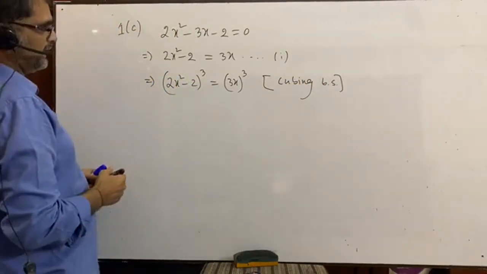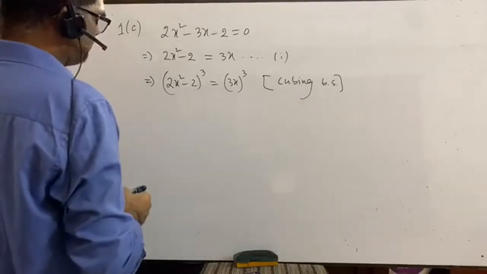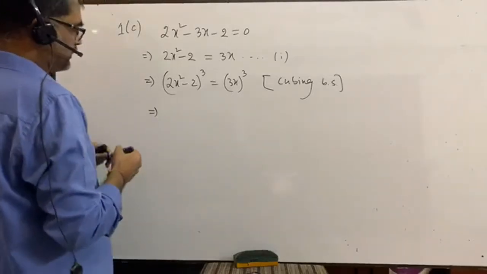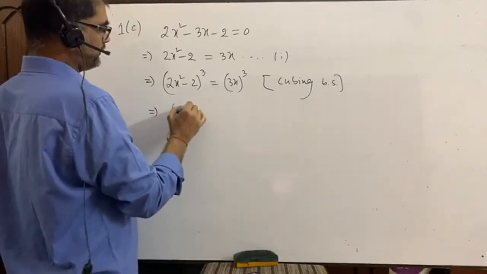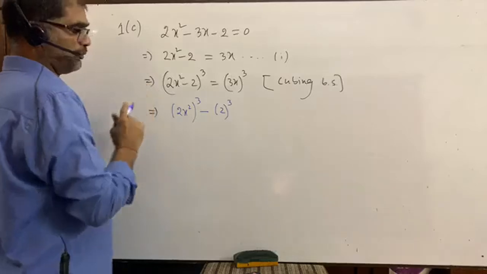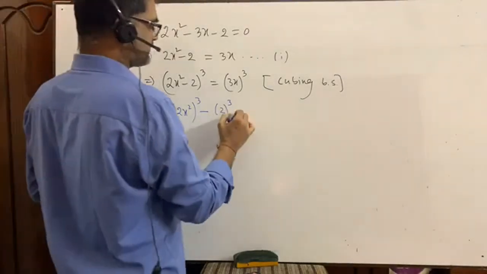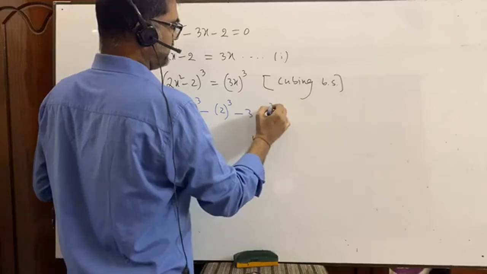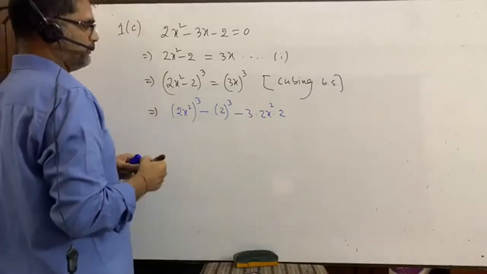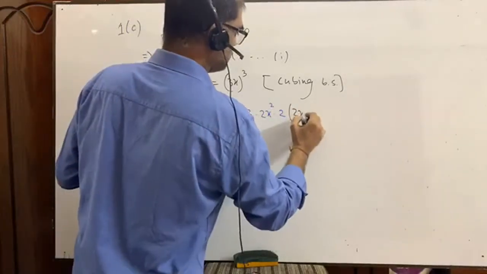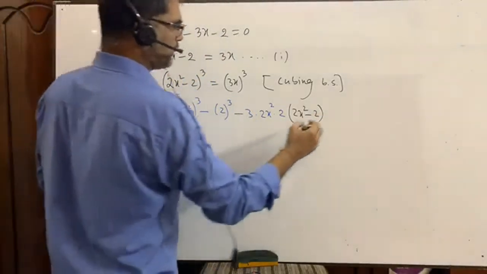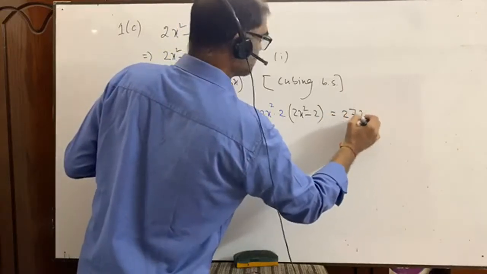Now, a corollary of (a minus b) whole cube, you pay attention, is a cube minus b cube minus 3ab into (a minus b), which is equal to 27x cube.